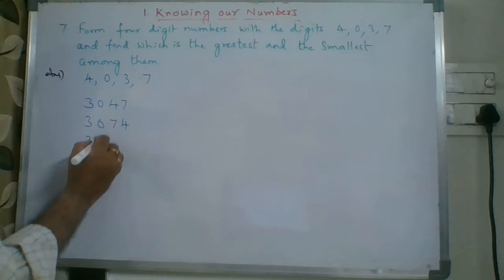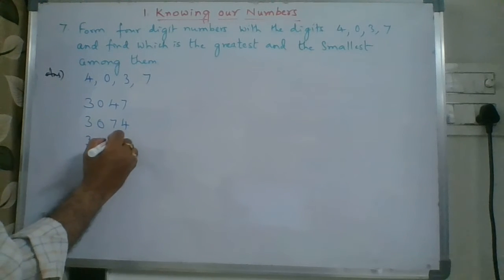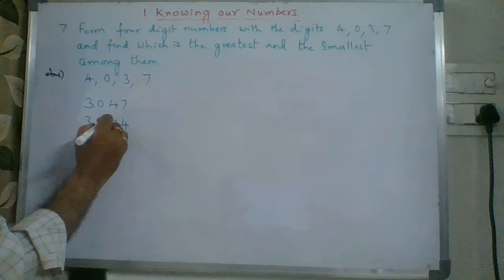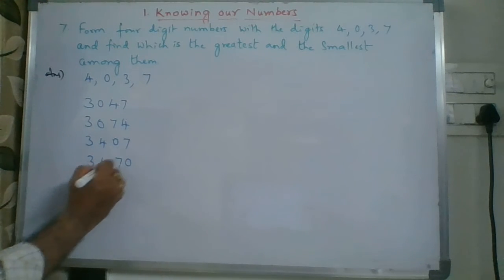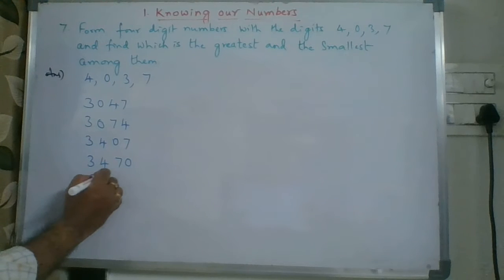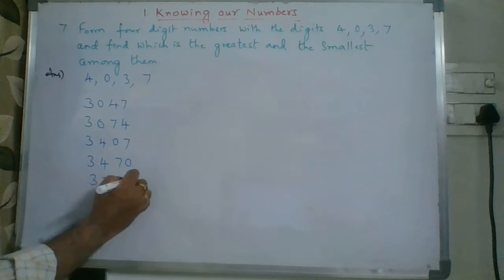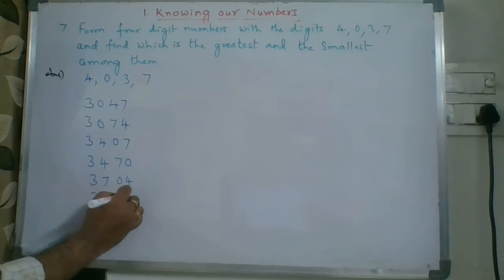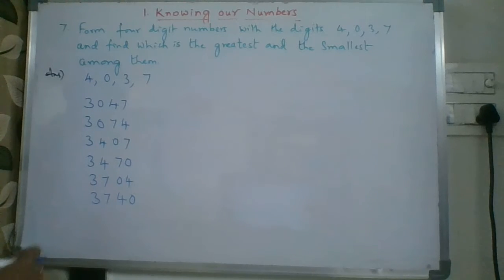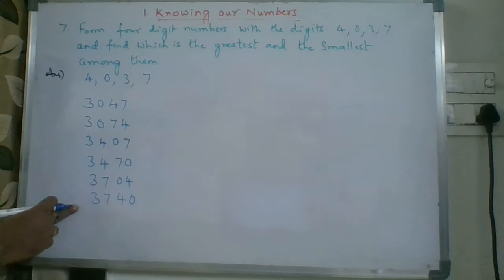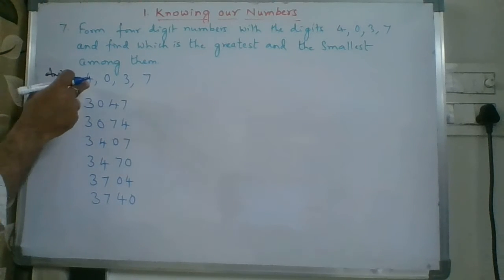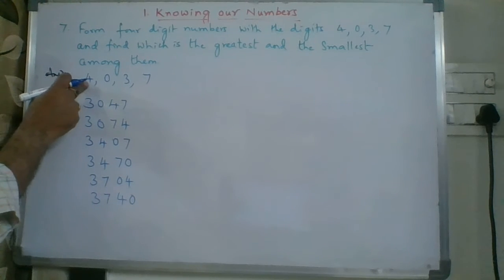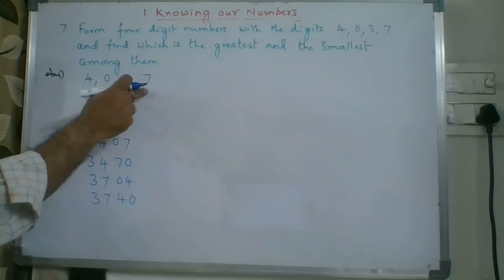See, 3407, one number, 3470, and like that 3704, 3740, isn't it? So how many are there? There are 6 numbers starting with 3. Similarly, you try to write starting with 4 and 7.